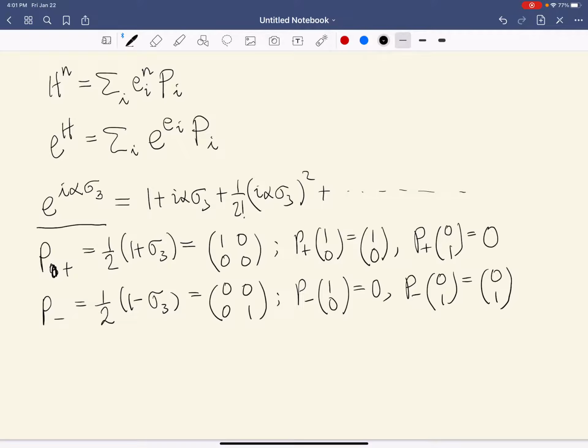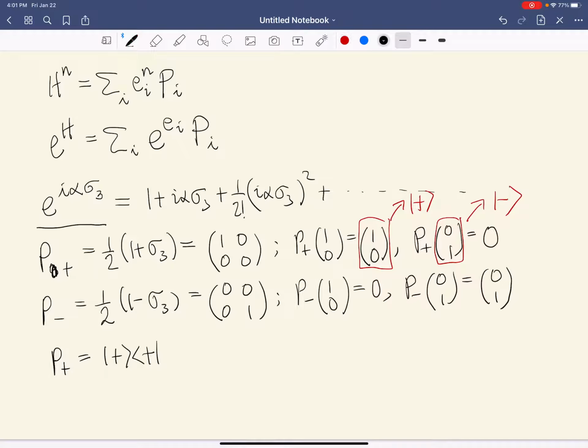Okay. So the role of P plus is to do this, where by a plus I mean this state, and by a minus I mean this state.